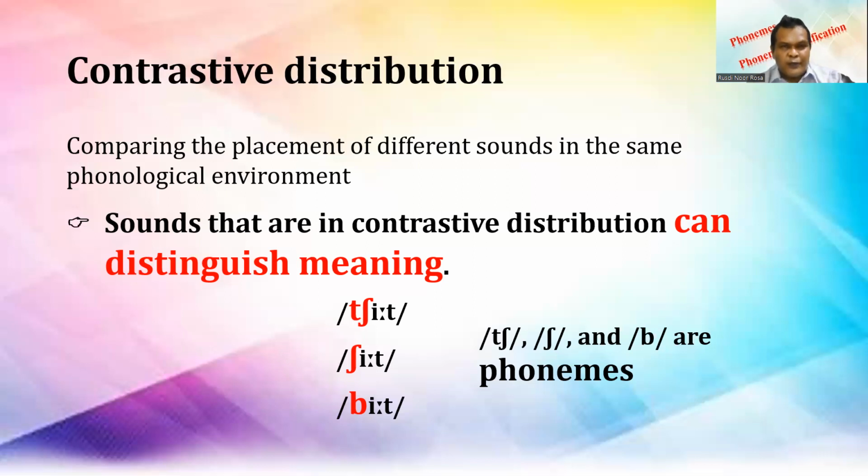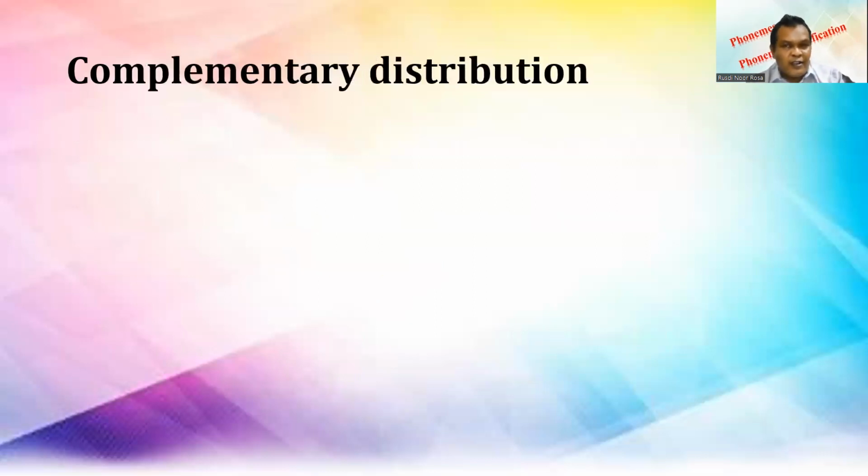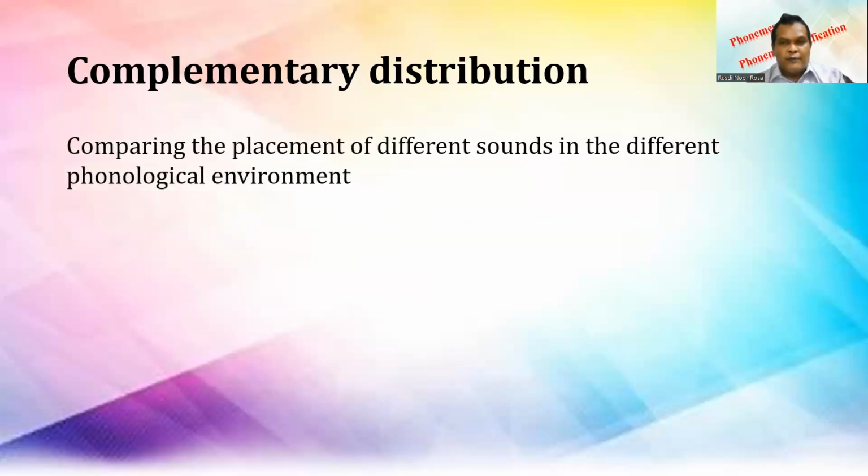Now let's come to the last method of identifying phonemes, that is complementary distribution. We are still talking about distribution, and this shares a few similarities with the contrastive distribution. In complementary distribution, we compare the placement of different sounds in a different phonological environment.